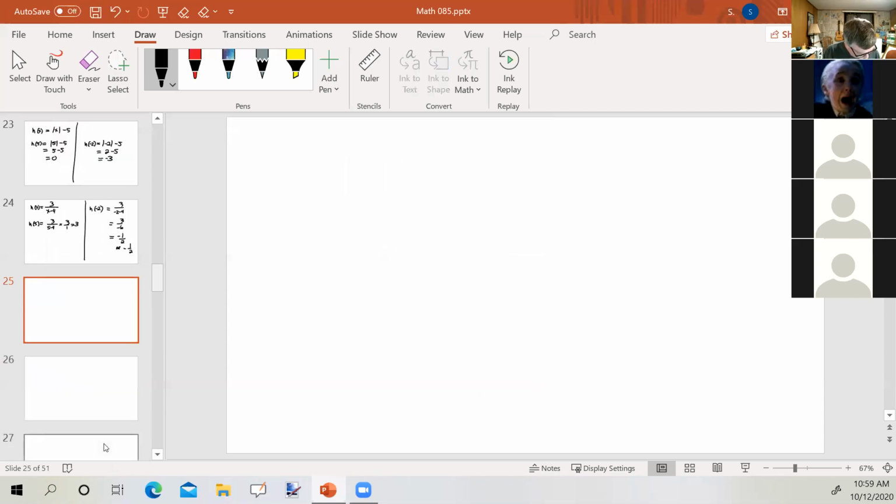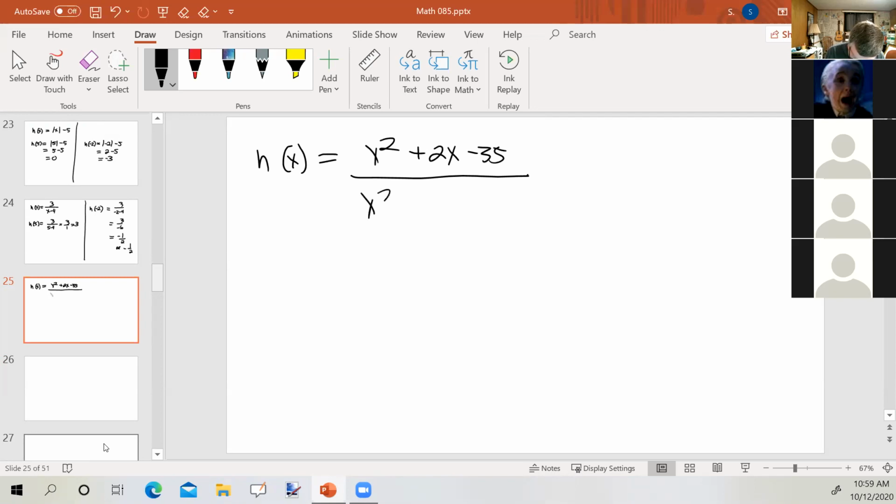Okay, how about this one? H of x equals x squared plus 2x minus 35 all over x squared plus 5x plus 6.